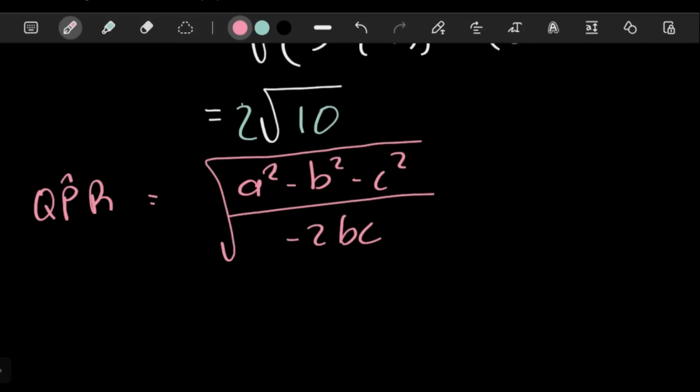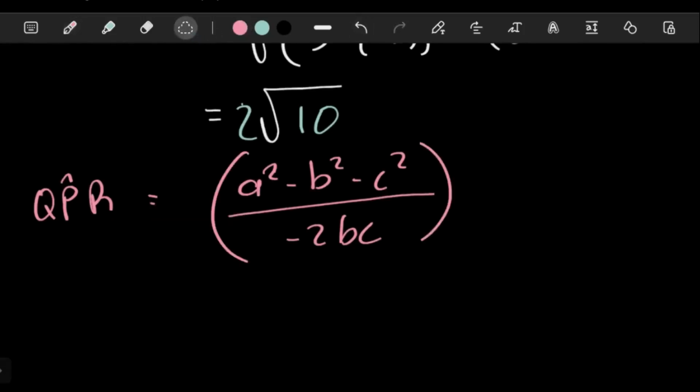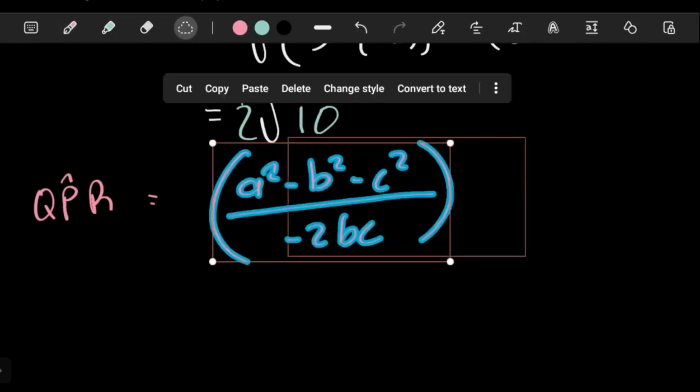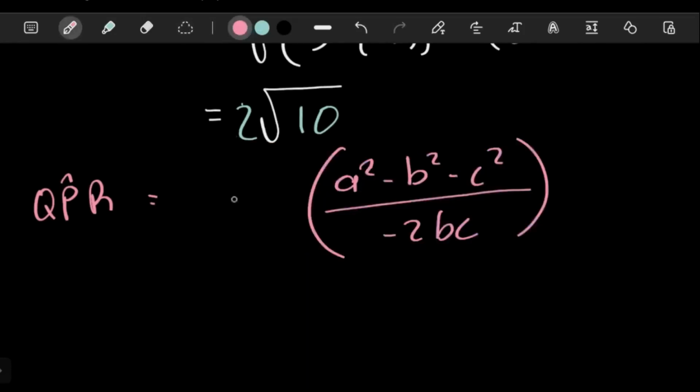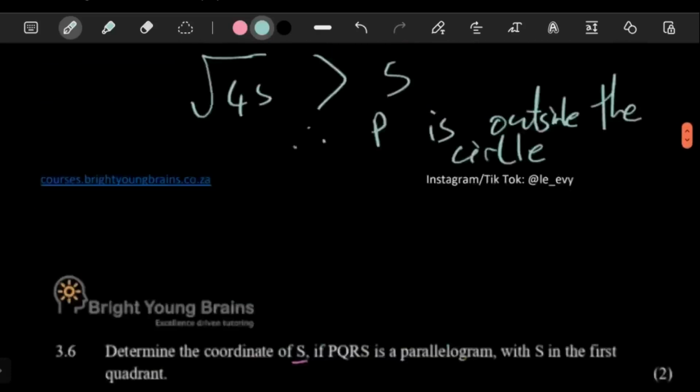Is this a square root symbol? No, bro. It's not a square root symbol. It's a shift cos item, because all that would have happened here is you would have isolated your angle in your cosine rule. So here, these 3 will be the 3 lengths of your triangle.